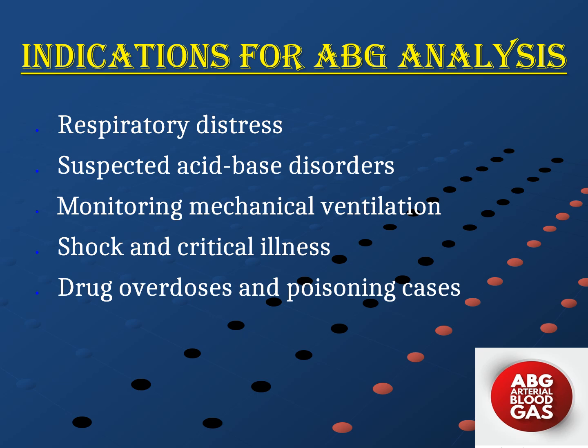Diagnose acid-base imbalances. 3. Monitor ventilator support. 4. Evaluate critical conditions, shock and critical illness. 5. Manage overdoses and poisoning. ABG analysis provides crucial information to guide treatment and improve patient outcomes in these life-threatening situations.